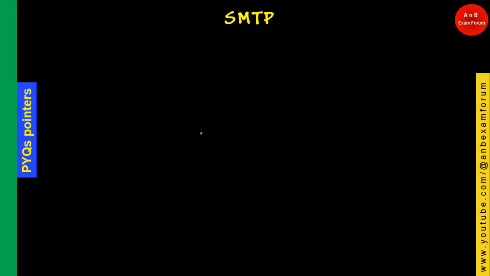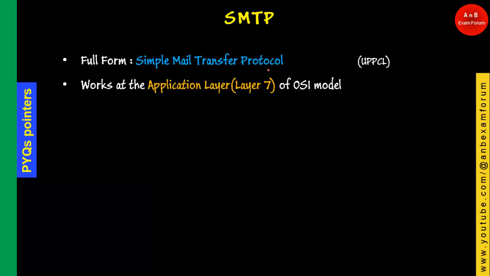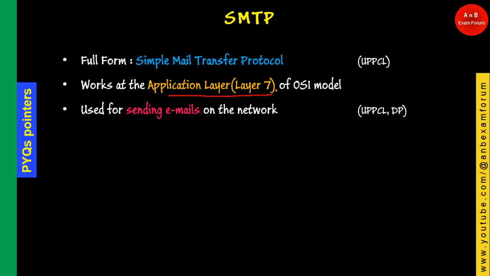The next one is SMTP. The full form is Simple Mail Transfer Protocol, and as the name itself suggests, it has something related to email, right? So basically it works at the application layer. All these which we are talking about right now are application layer protocols, and it is used for sending emails.